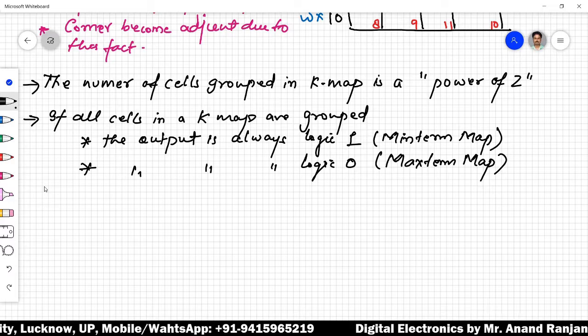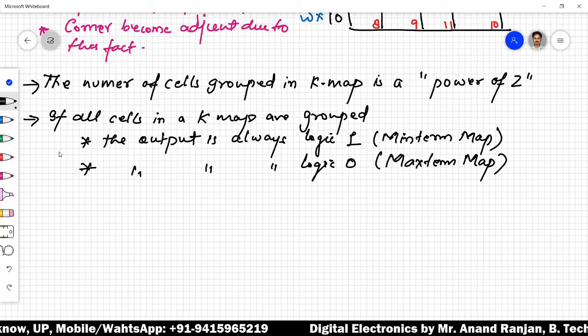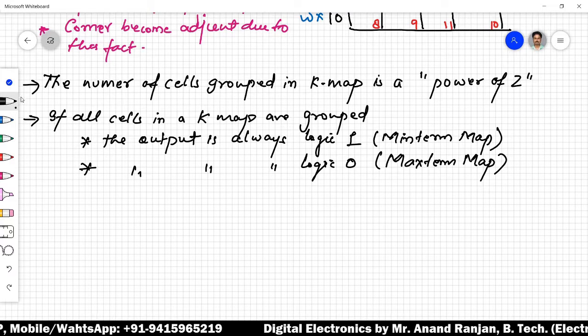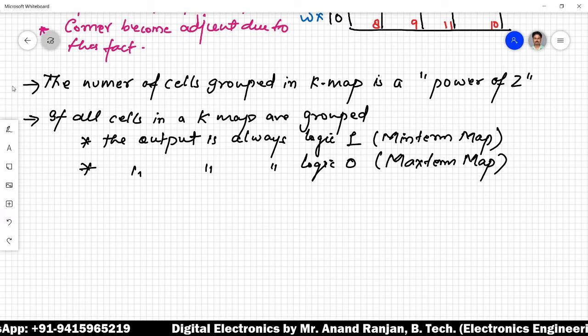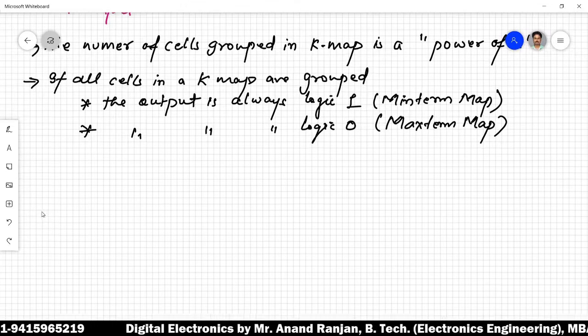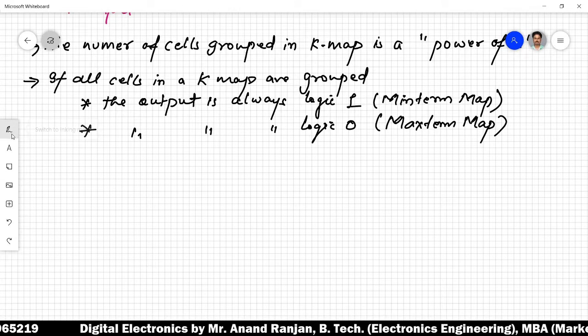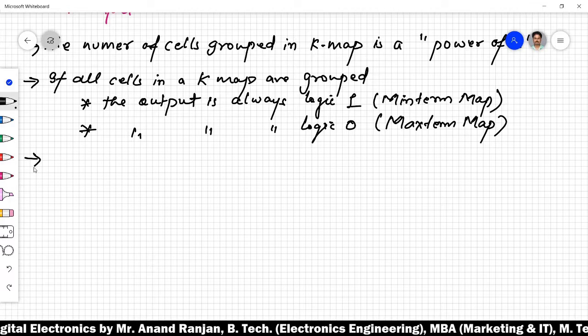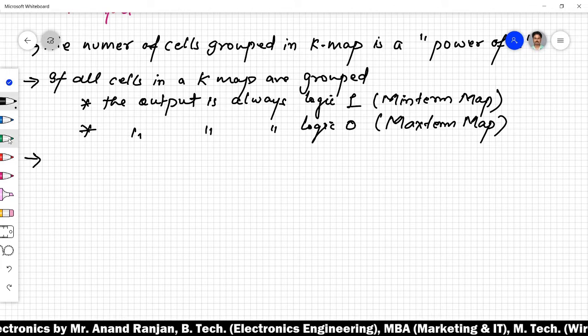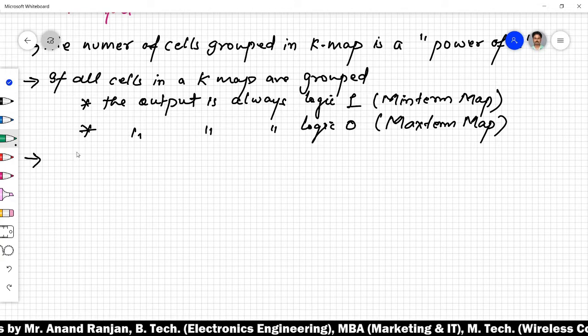Let us also discuss that if you make a grouping of adjacent cells, what will be the effect of reduction, or how many variables will be eliminated. This is a very important table which you should know.